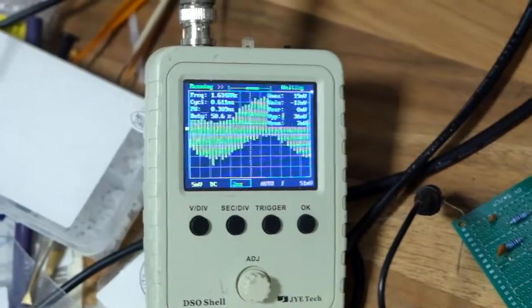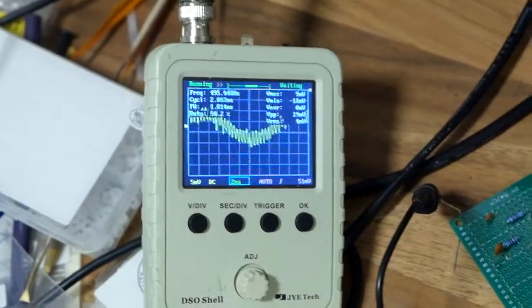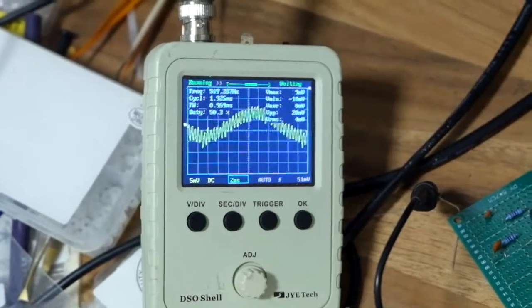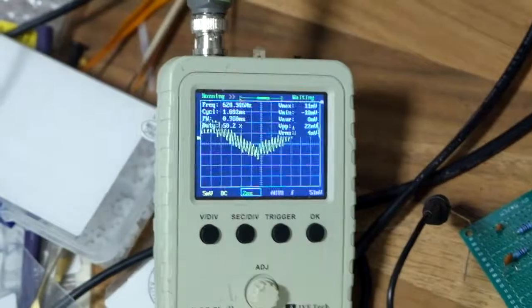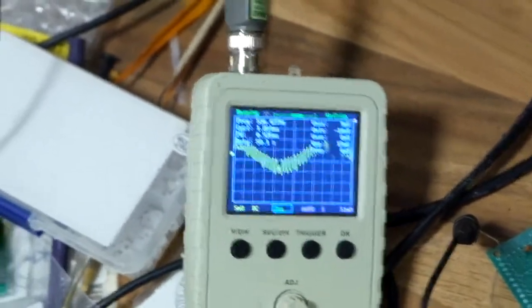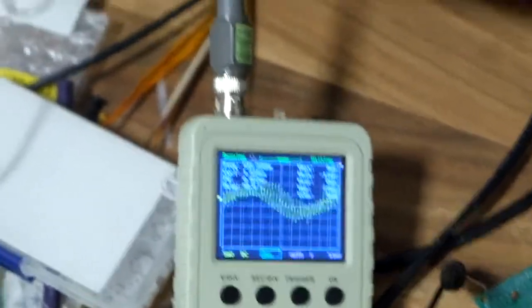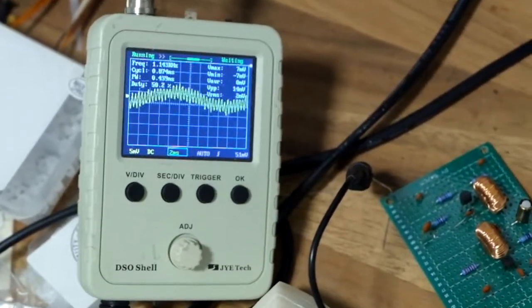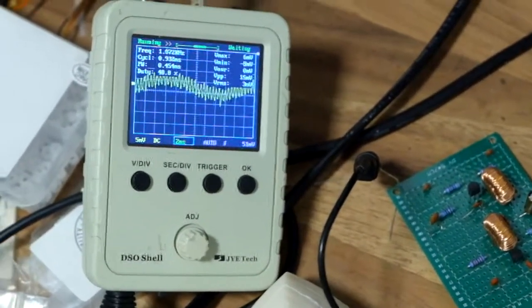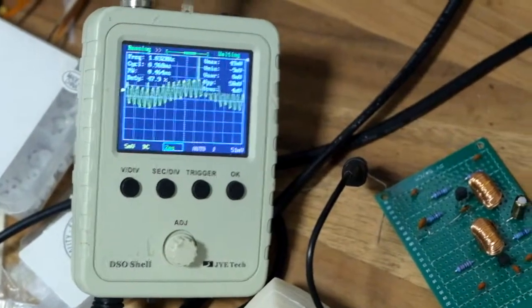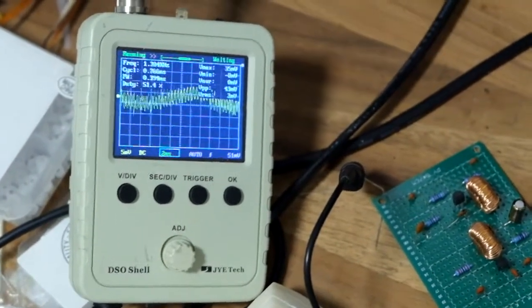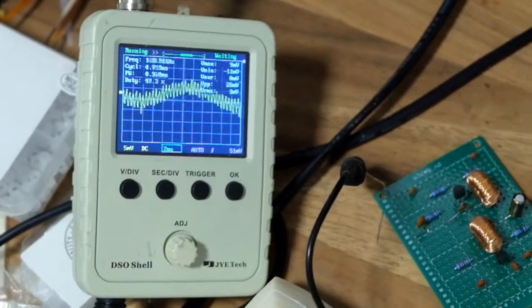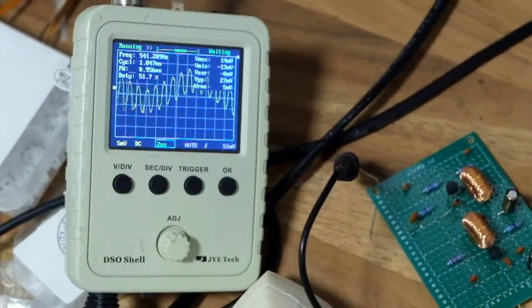That's a sine wave, but on it or alongside it the signal is carried from it. And now I change the frequency. And you see the frequency changes appear also here on the waveform.